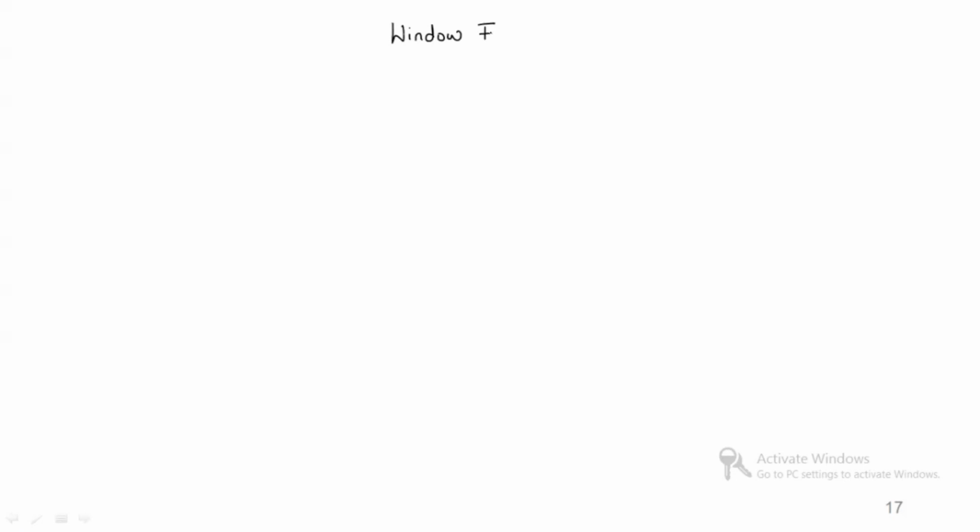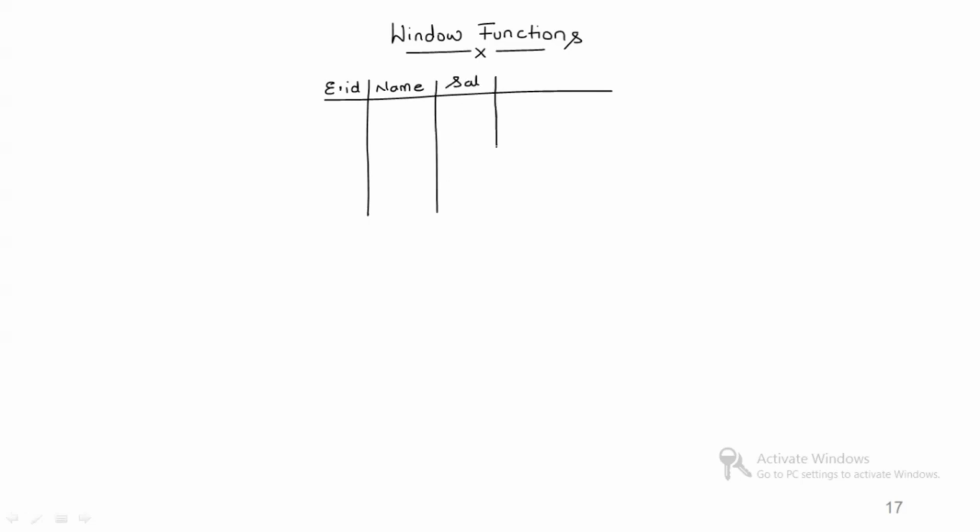Window functions. Now, what exactly is a window function and why do we need this functionality? Let's first create a sample table. This table has employee ID, name of the employee, salary, and department ID.